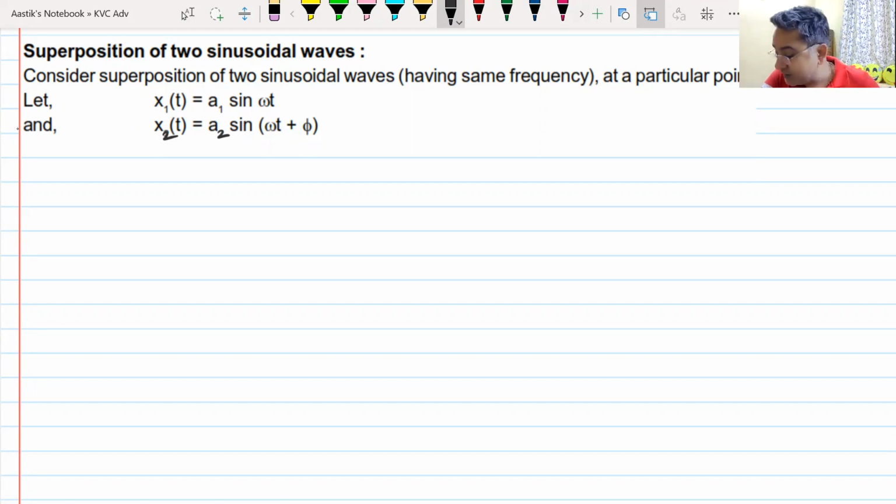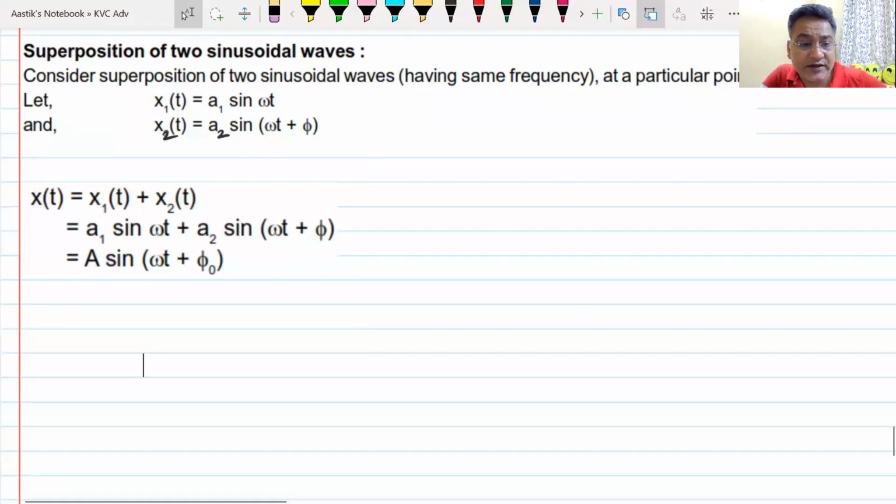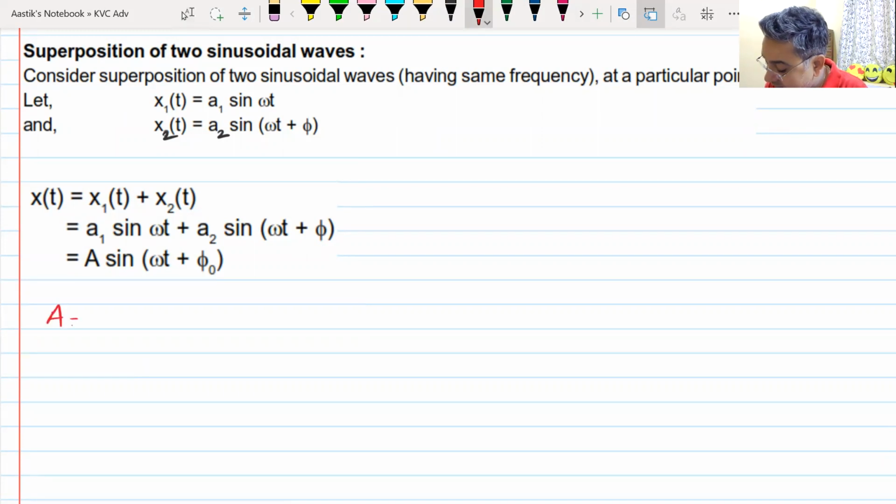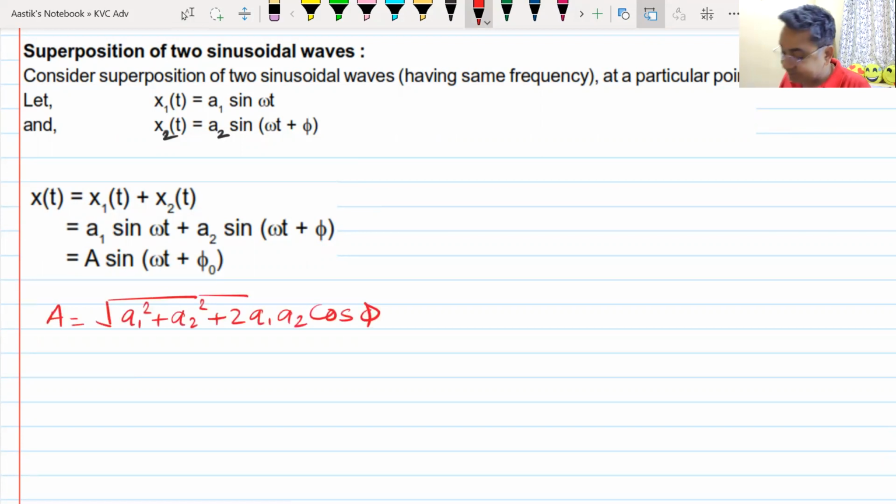They are superposing. So the resultant displacement x will be given by a1 sine omega t plus a2 sine omega t plus phi. We can write it as x equal to A sine omega t plus phi naught, where A is your resultant amplitude, and that will be given by under root of a1 square plus a2 square plus 2 times a1 a2 cos phi, yes or no?